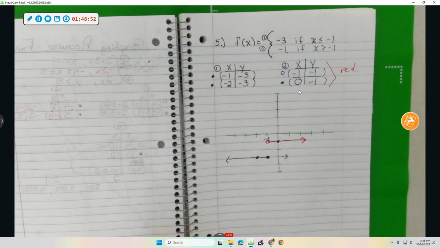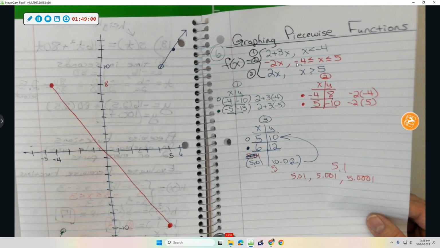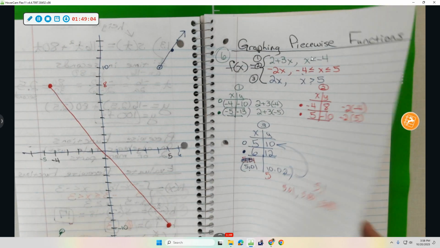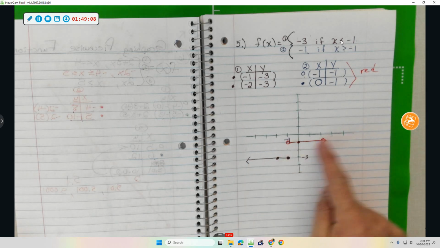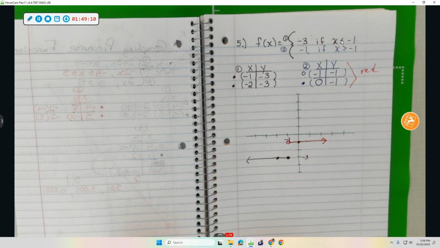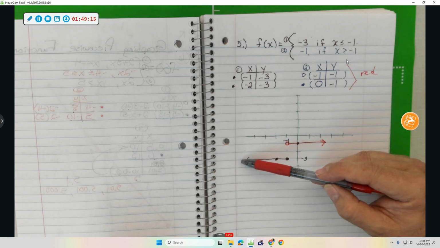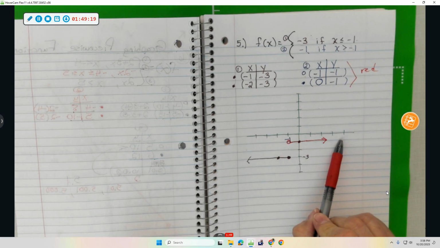The only way you won't have an arrow on one piece is if the inequality is like that middle piece in the previous problem, where there's a starting point and an ending point. Everyone else, it's going to have an arrowhead, and the arrowhead will be going in the direction that the inequality is pointing. The inequality is pointing to the left, keeps going to the left. The inequality is pointing to the right, it keeps going to the right.